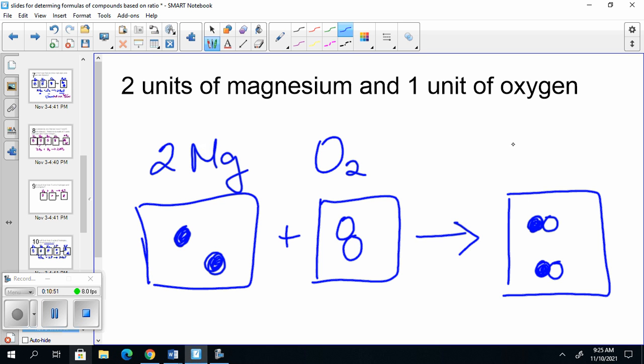So that means I have made 2 MgOs. So my formula, MgO, 1 of each. So there is my balanced equation. I needed 2 of these going in. I needed 1 oxygen, and I made 2 of these molecules, these new compounds.